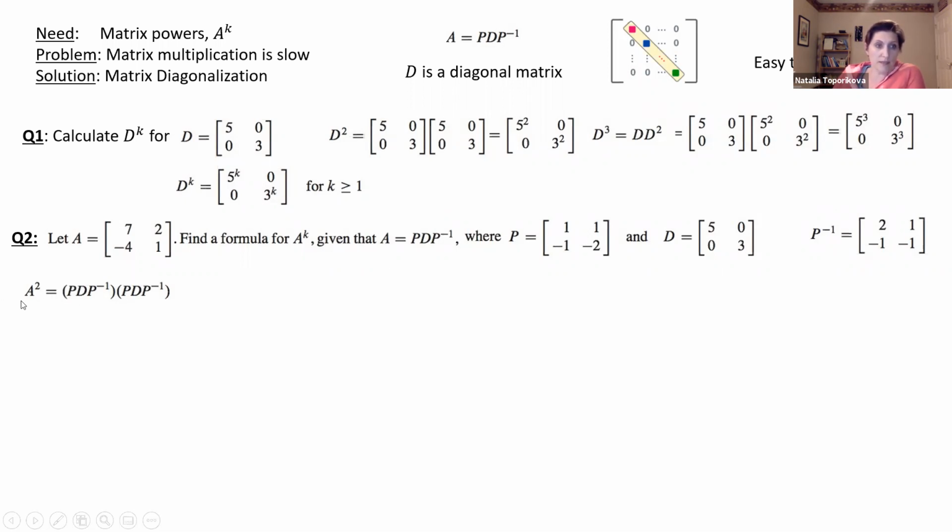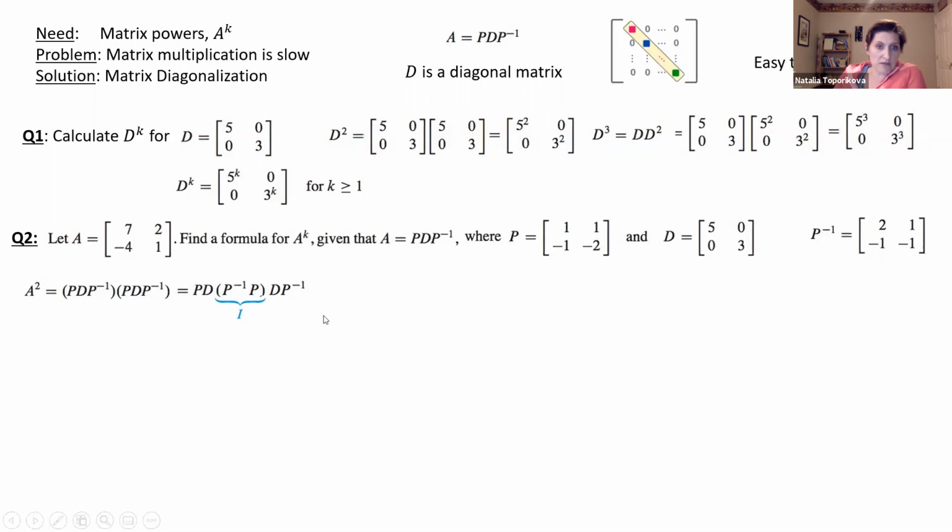So we basically take matrix A and multiply it by itself. And we're working with this diagonalized form of matrix A. Okay, so let's just work with this expression. Let's take the PD and factor it out to the left. We also, at the end, take D times P minus 1 and factor it to the right. So then what we are left with in the middle is just the product of matrix P inverse by matrix P, which is always an identity matrix.